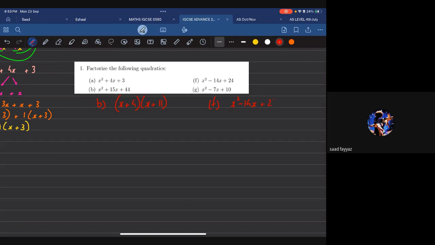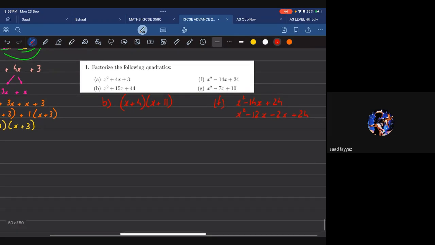So it's going to be x squared minus 12x, minus 2x plus 24. See, I was about to make the same mistake. So it can be written as x times (x minus 12) minus 2 times (x minus 12). Now I'm going to take a minus sign outside, take 2 outside.